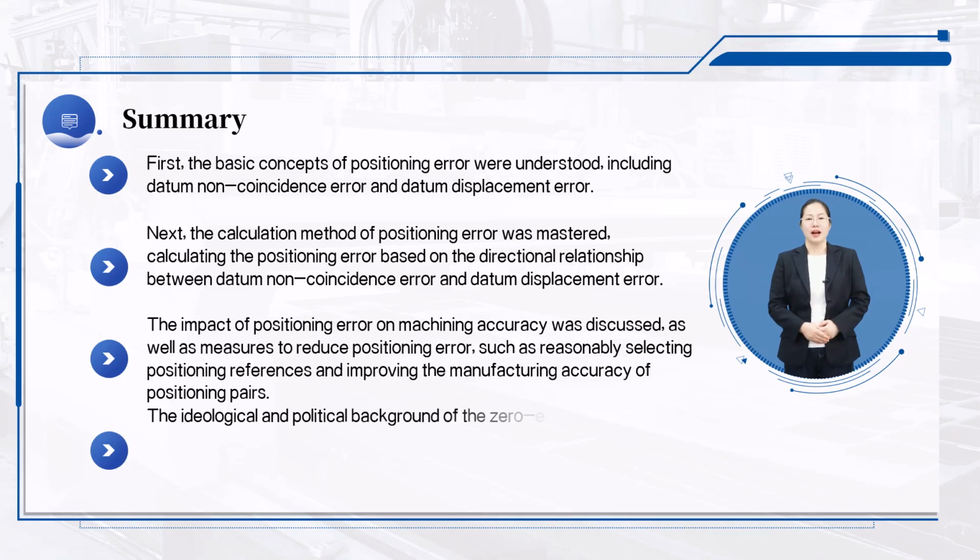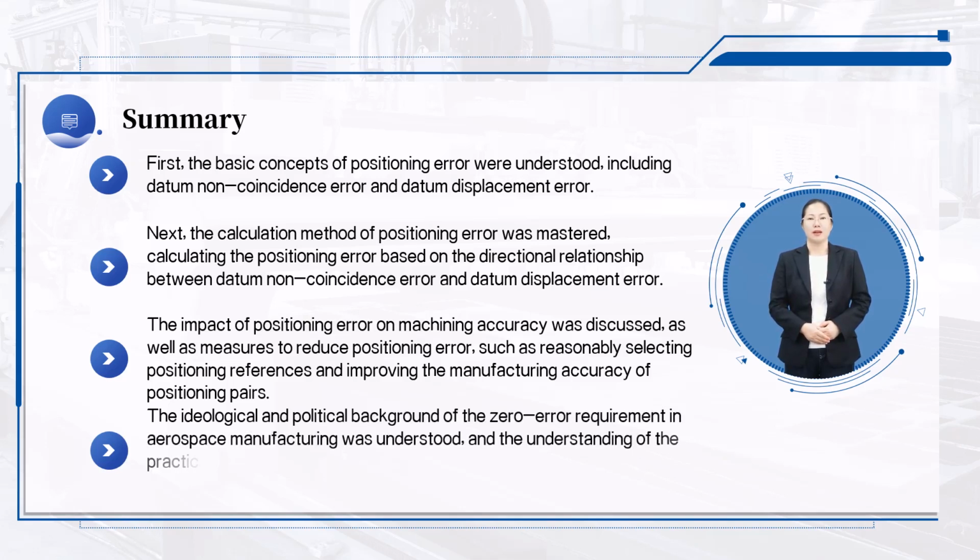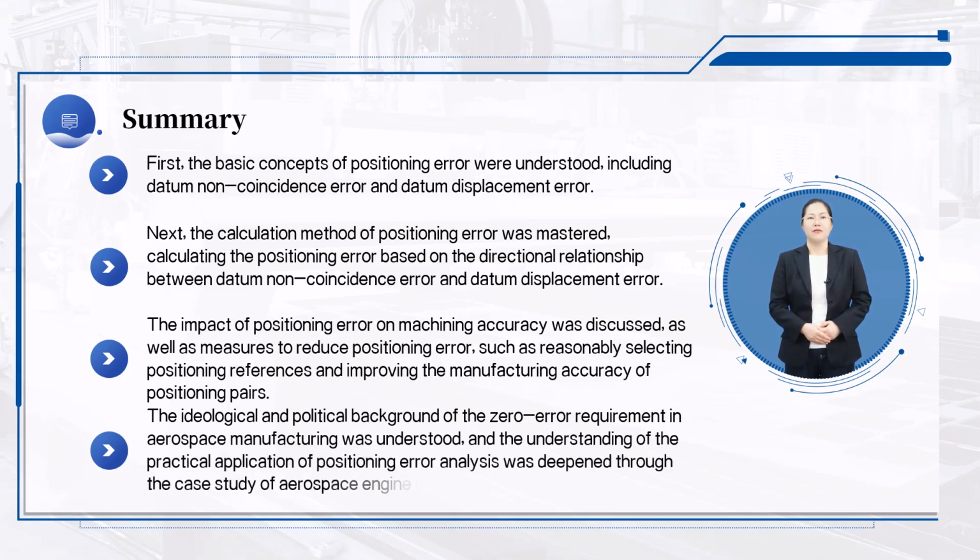Finally, we understood the ideological and political background of the zero error requirement in aerospace manufacturing and deepened our understanding of the practical application of positioning error analysis through the case study of aerospace engine blade machining. I hope everyone can further consolidate the knowledge learned after class and apply it to actual study and work.